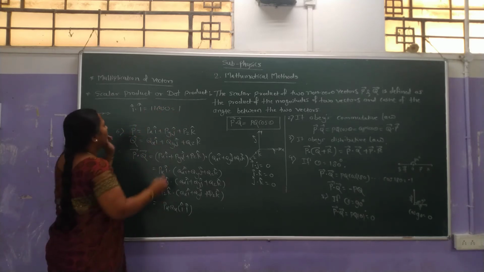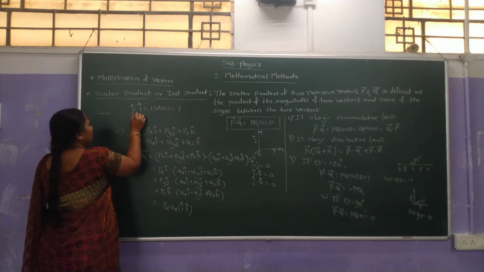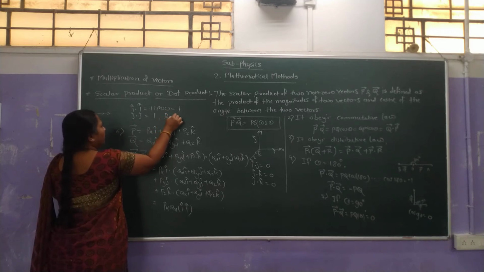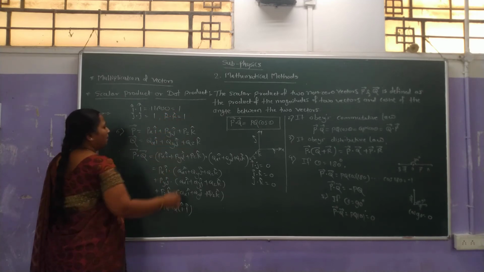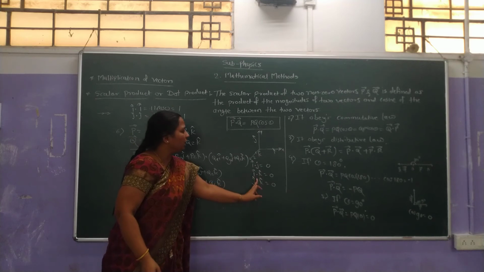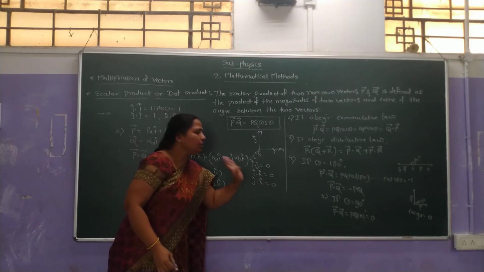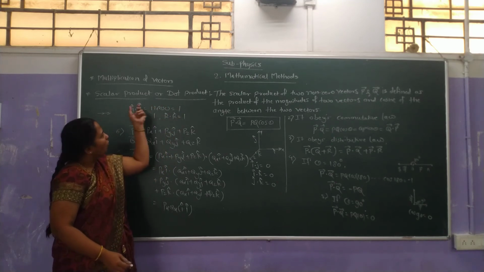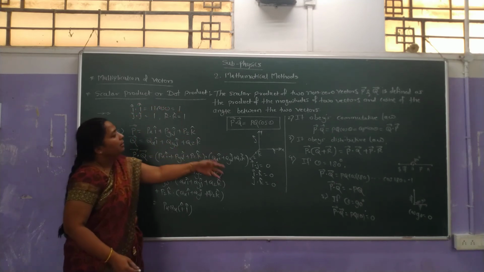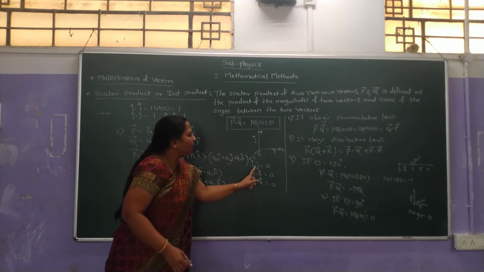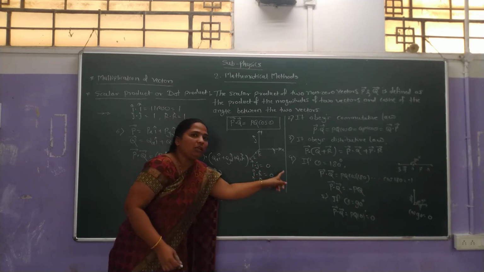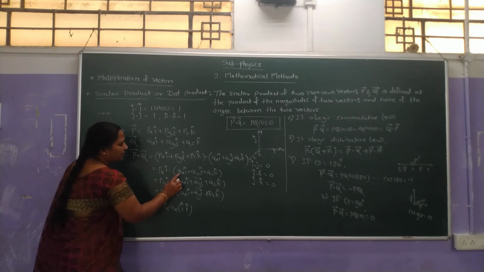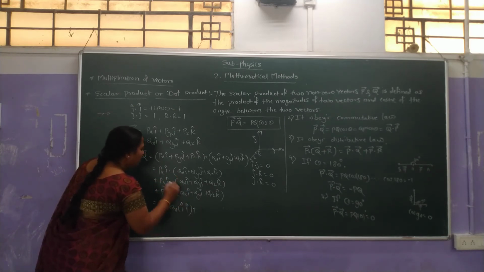I dot i is 1, j dot j is 1, k dot k is 1. But i dot j is 0, i dot k is 0, j dot k is 0. The self dot product of a unit vector is 1, and for vectors perpendicular to each other, the dot product is 0.